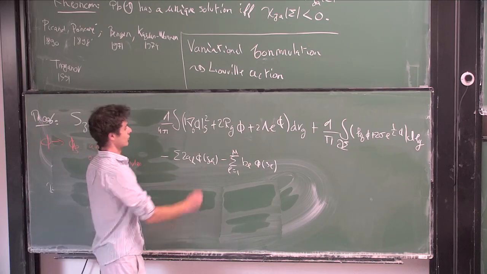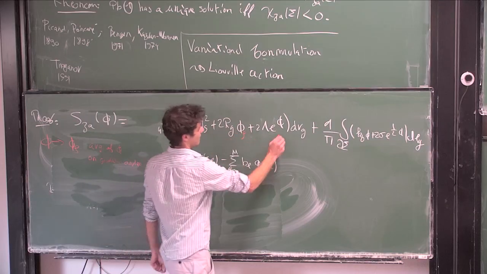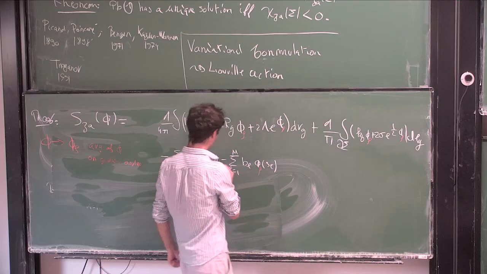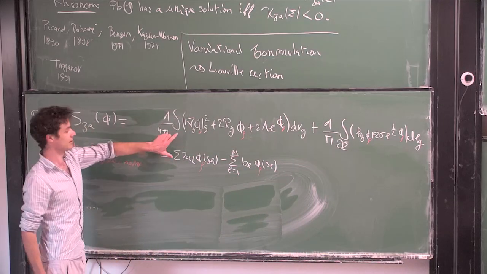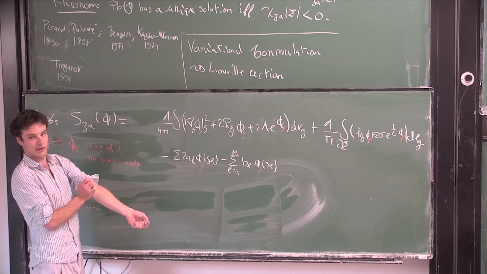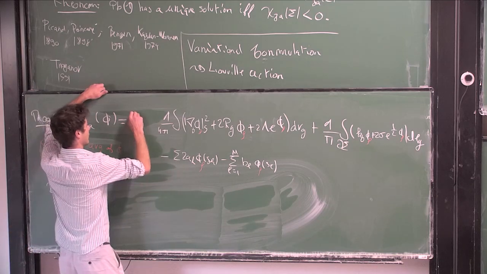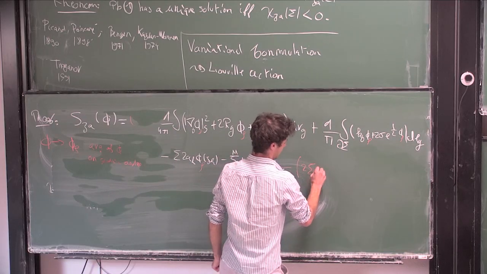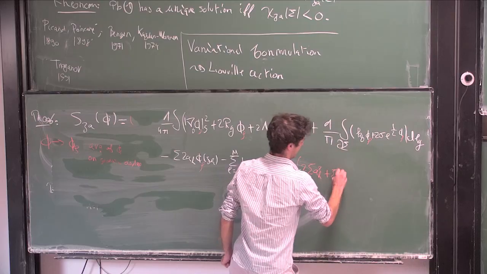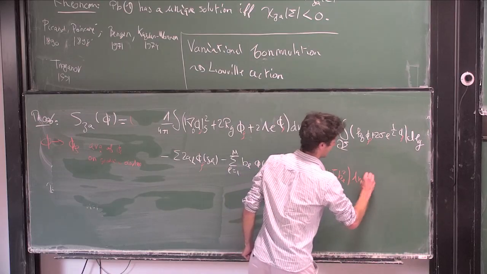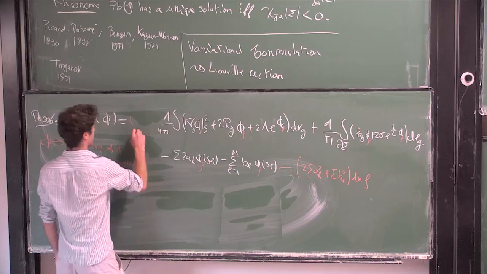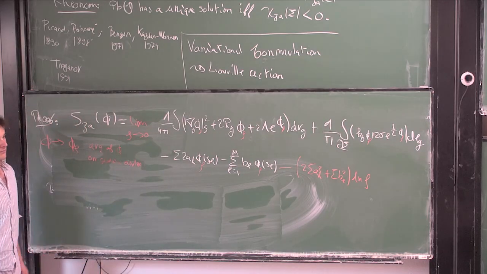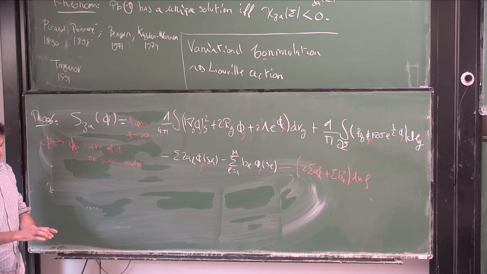Then you can see explicitly how this action diverges as rho goes to 0. The way it diverges, you have a singular term which is proportional to the logarithm of rho. If you subtract this divergent term, you get something which is well defined in the limit. This is how you define the Liouville action.